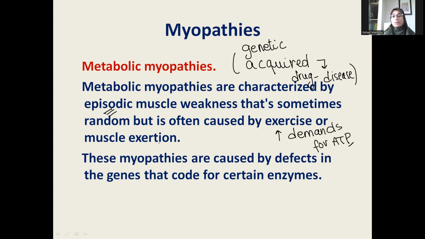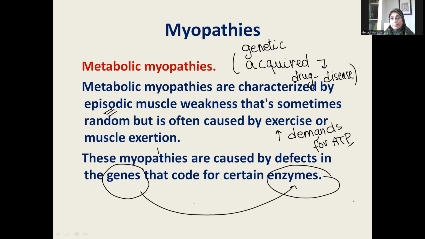Why not? Because of a defect in the gene or genes that code for certain enzymes inside the mitochondria. So again, since it is a defect in the gene, it is a genetic disease. And since it is a genetic disease, it is a hereditary disease.